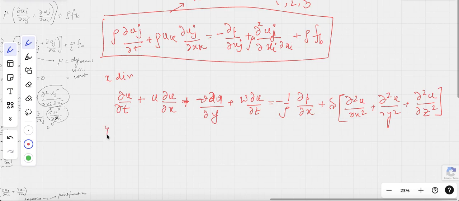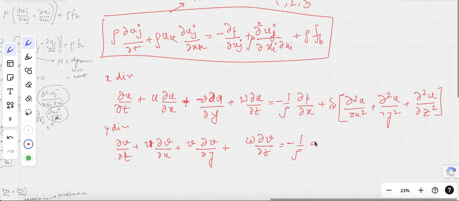Similarly, for y direction momentum equation, we have dv by dt plus u dv by dx plus v dv by dy plus w dv by dz equals minus 1 by rho dp by dy plus mu (d square v by dx square plus d square v by dy square plus d square v by dz square).